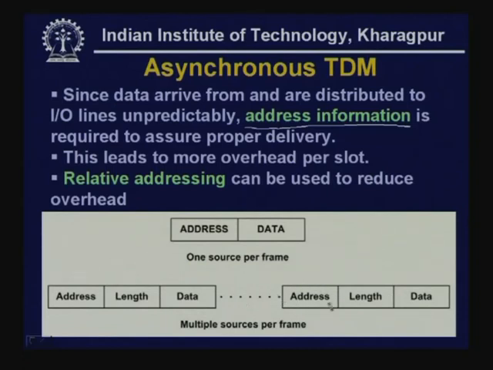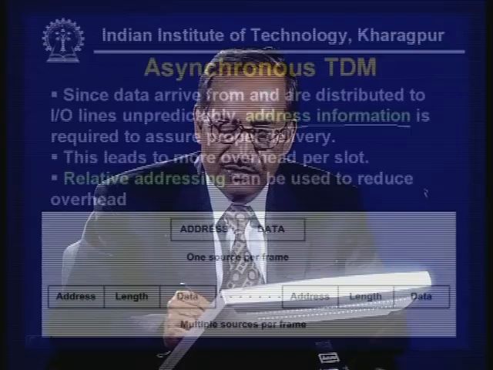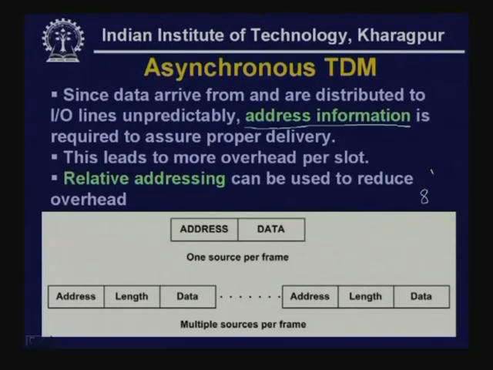And to minimize the overhead for address, sometimes we use relative addressing rather than absolute addressing, depending on the number of sources. Suppose you have got 8 sources. So, if there are 8 sources, instead of providing the full address, 3 bits are sufficient.